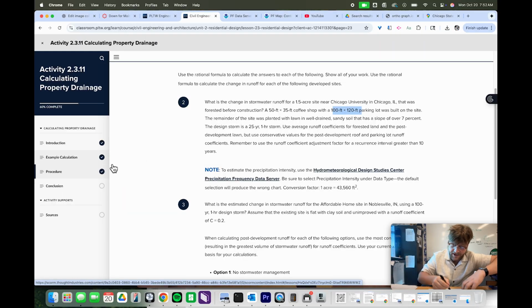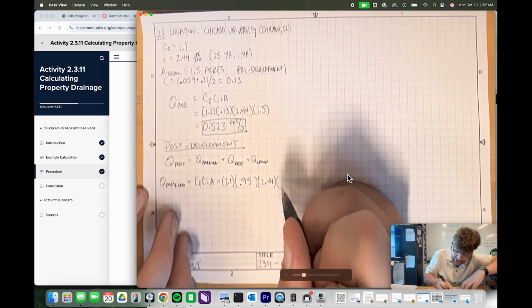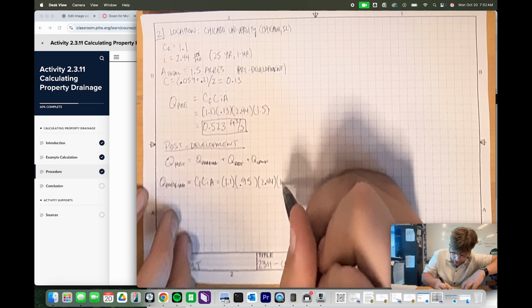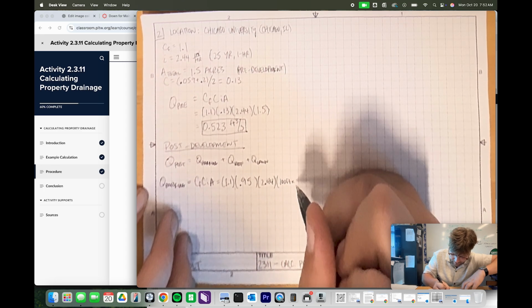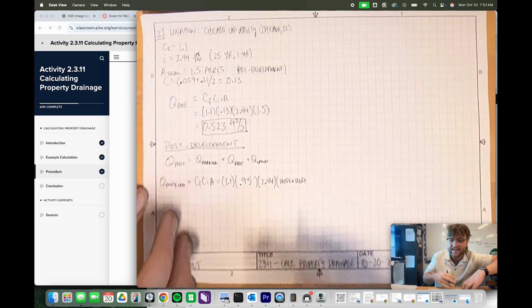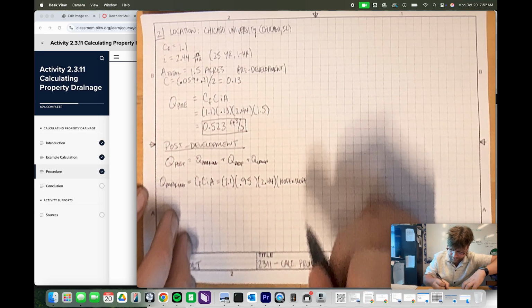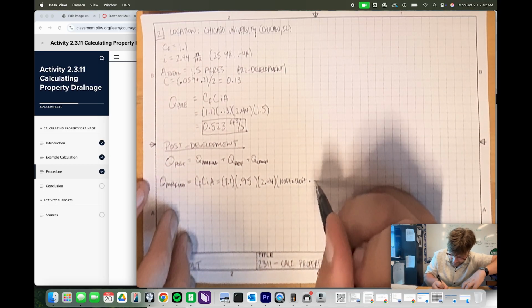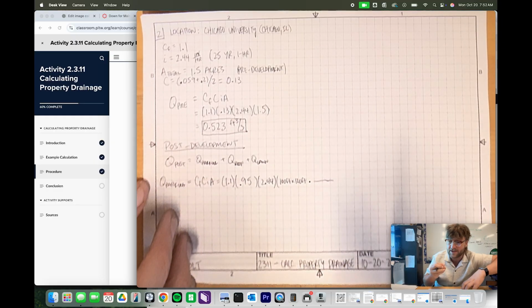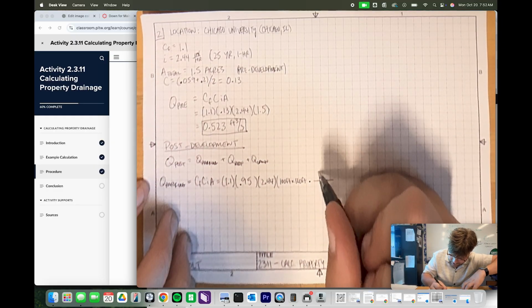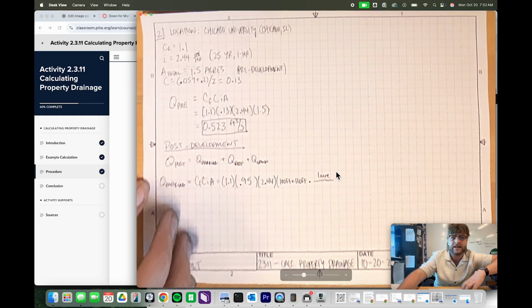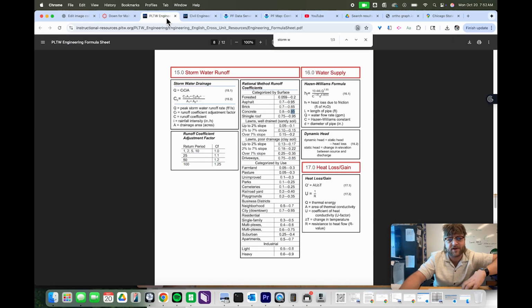In terms of the area, let's talk about that area calculation. They have 100 foot by 120 feet. So if we do that calculation, 100 feet multiplied by 120 feet, that's going to leave us with a value that's in units of feet squared, right? And so now we can multiply that by our conversion factor because we do need our area to be in acres. In 1 acre, there's something like 43,560.